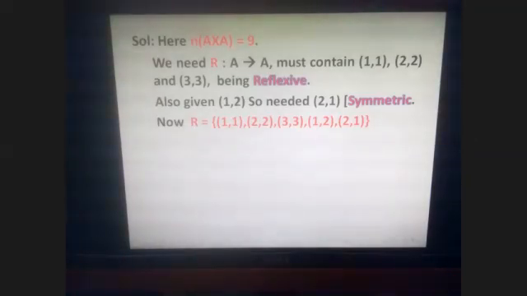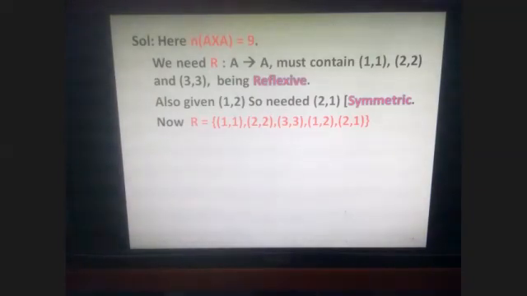Anyone can tell, is it transitive? Because (3, 1) or (1, 3) is not there. (1, 3) is not there, (3, 1) also not there. So what happens? Transitivity: if you have (a, b) and (b, c), then (a, c) must be there. (1, 3) is not there, no problem. Yes, it is transitive. It is not violating transitivity anywhere.